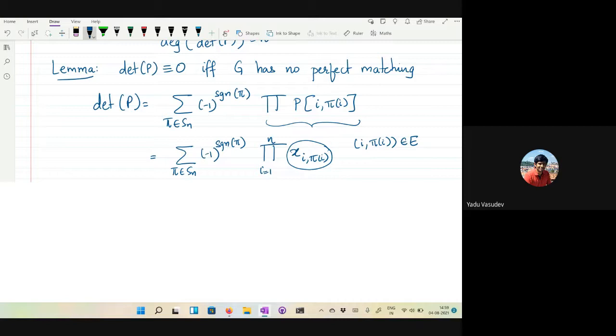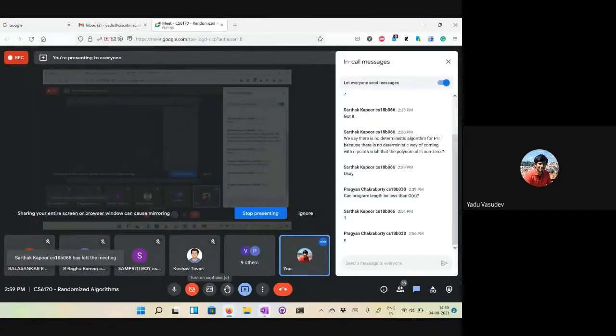The fact that a monomial existed is because you have a collection of pairs (i, pi(i)), where (i, pi(i)) is an edge in the graph. And since pi is a bijection, the pairs (i, pi(i)) form a perfect matching. So the monomials of this polynomial correspond to perfect matchings in the graph. Is that clear? Any questions on this? Is it clear why these monomials correspond to perfect matchings?